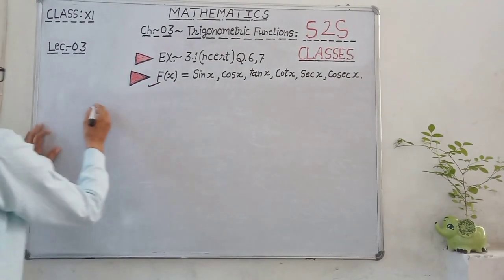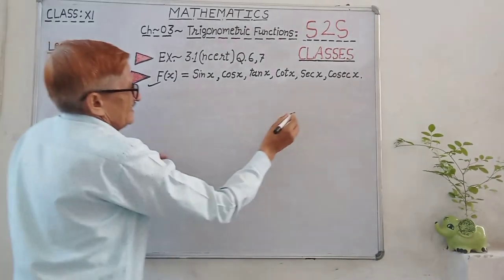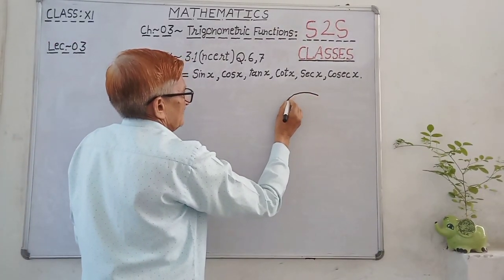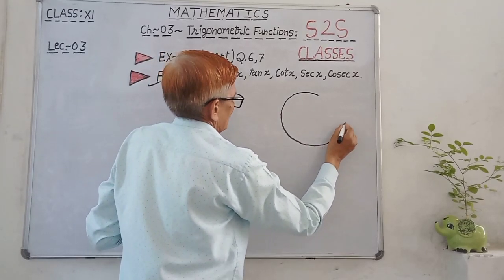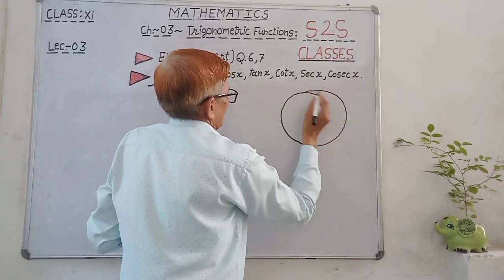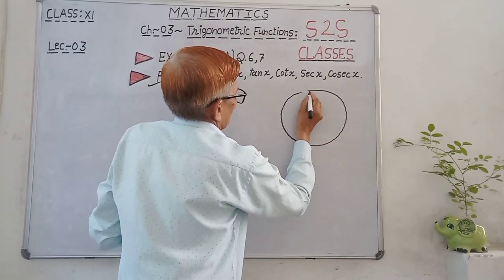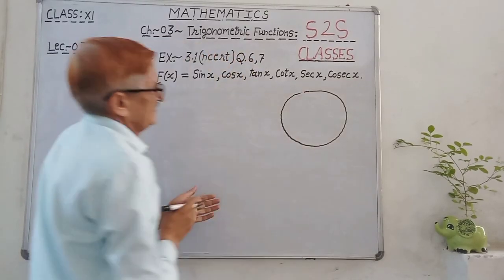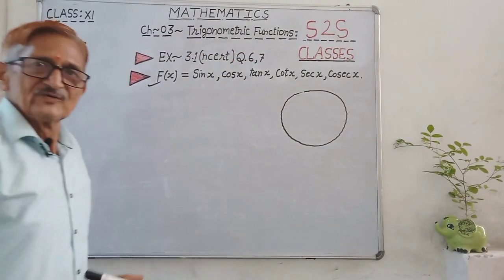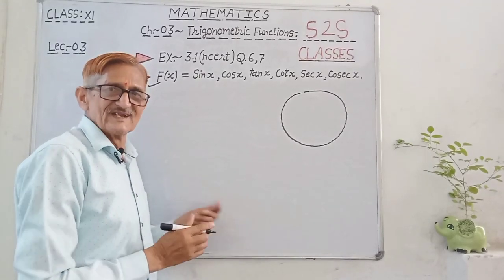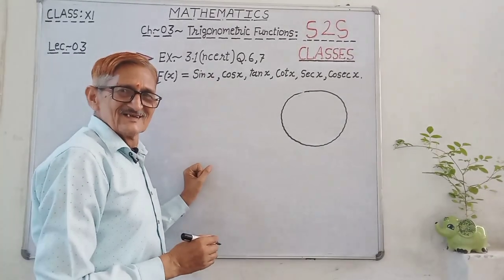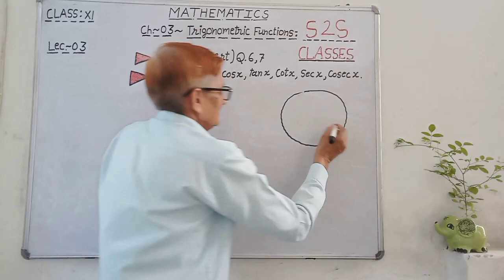In trigonometric functions, take one unit circle, a circle of unit radius, 1 unit radius, to understand the function.